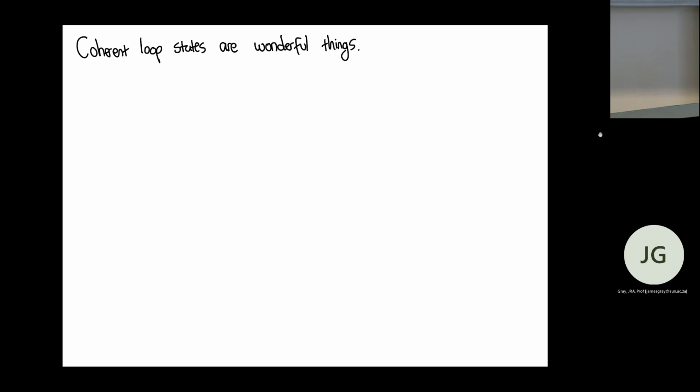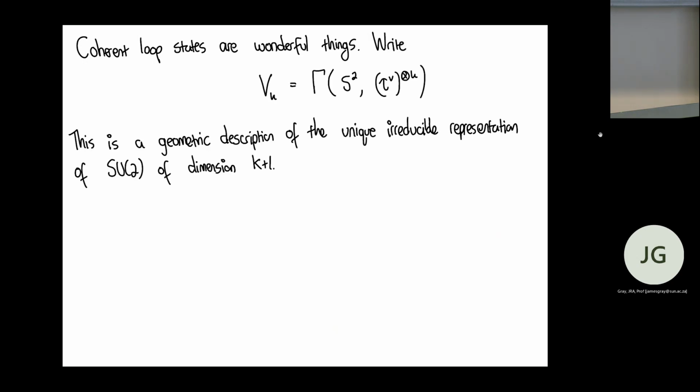What I want to tell you in the talk is that coherent loop states are wonderful things, okay? Let's write Vk as the holomorphic sections of the kth power of the tautological line bundle over S2. This is a geometric description of the unique irreducible representation of SU2 of dimension k plus 1.